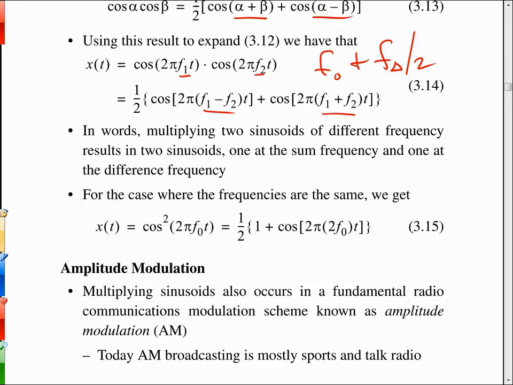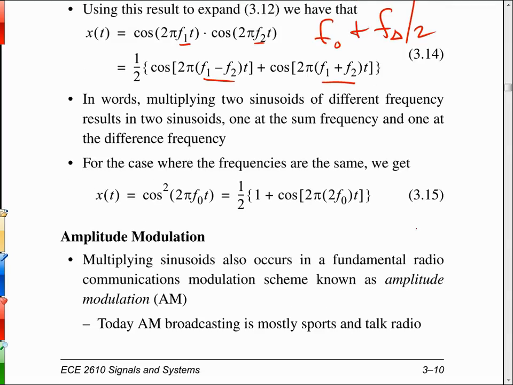Well, that actually provides an opening for something very fundamental to communications theory, a particular type of modulation known as amplitude modulation, or AM. I think we had this discussion before, but maybe I'm thinking of my communications lab that I teach after that.